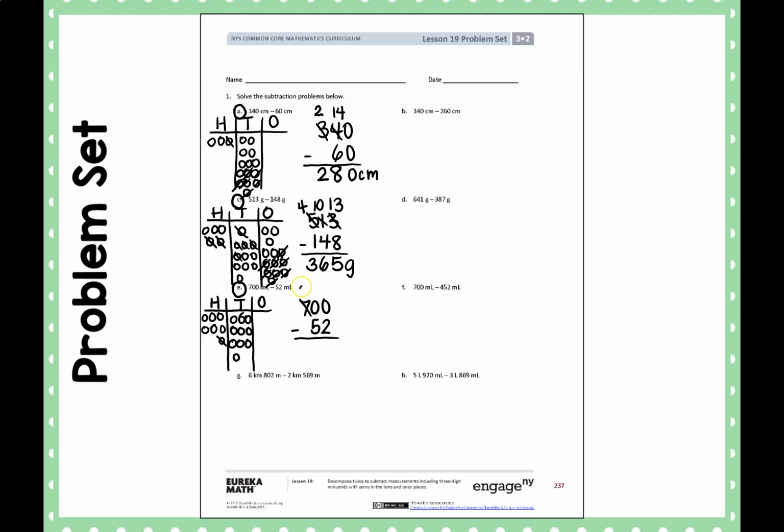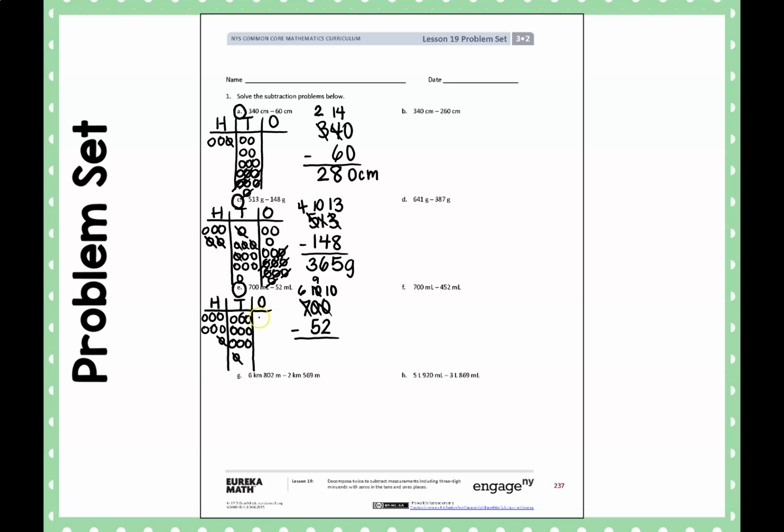Okay, so that 7 becomes a 6. This 0 becomes a 10. Okay, so now in the ones place, can I borrow from the tens place? Yeah, there's tens there to borrow, so I'm going to cross one off. So now that 10 actually becomes a 9, and our 0 over here becomes a 10.